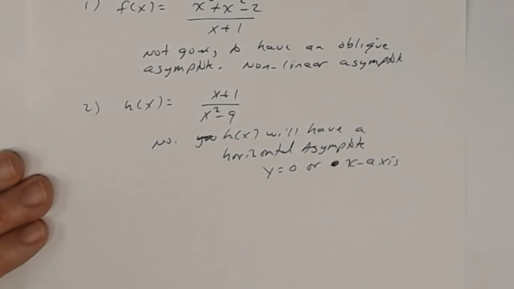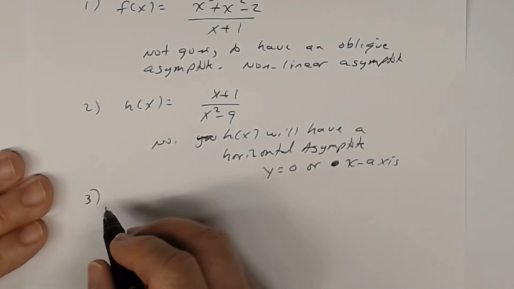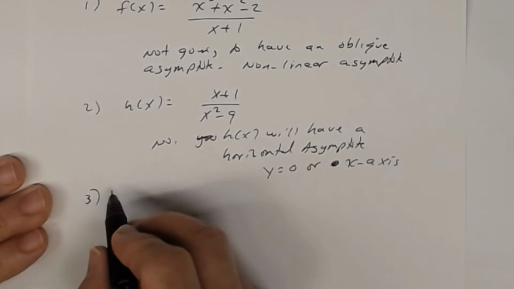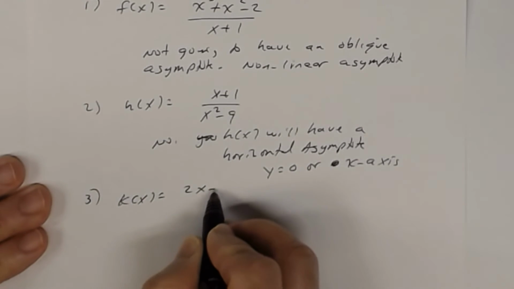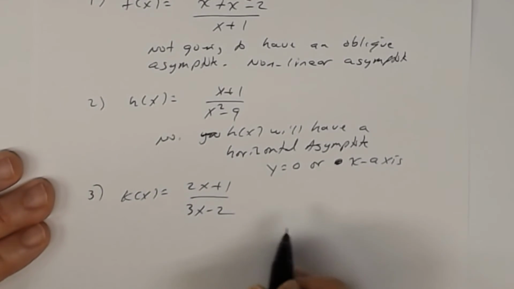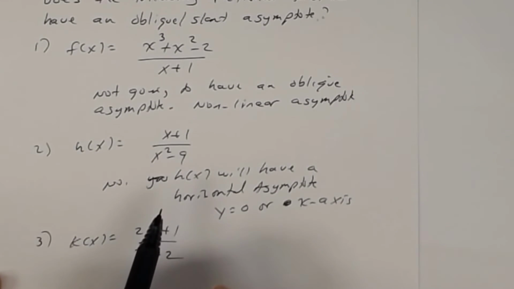Okay? Number three. Let's suppose we have k of x equal to 2x plus 1 divided by 3x minus 2. All right, so look at the degree. Remember the question is, are you going to have an oblique asymptote?